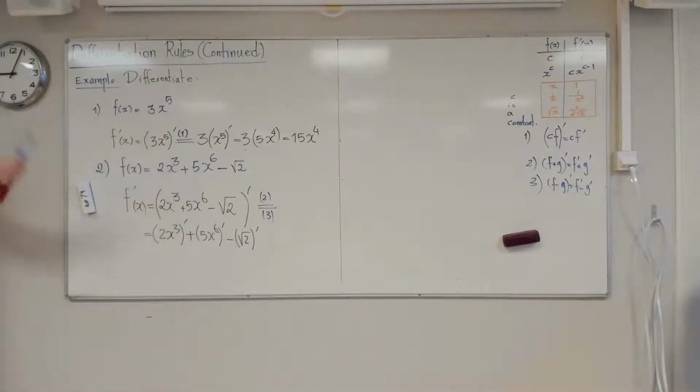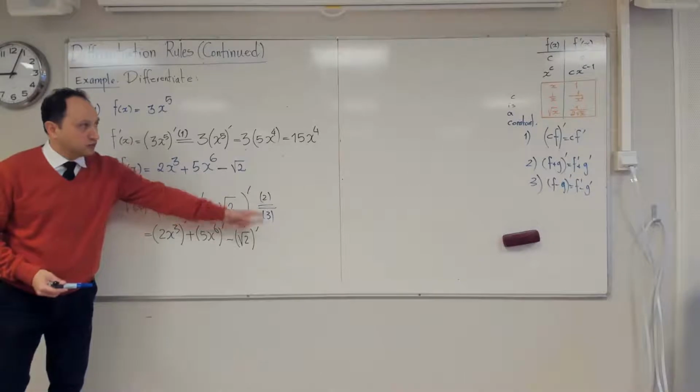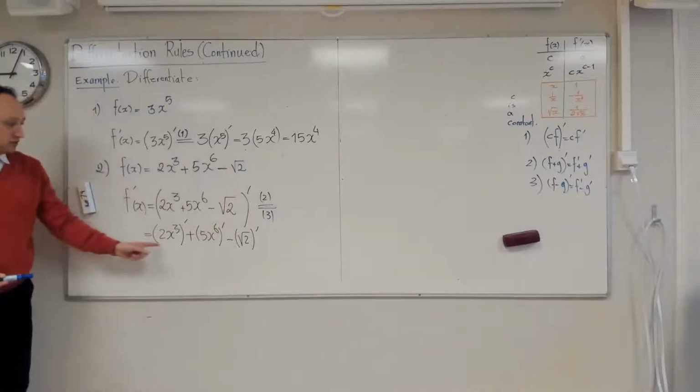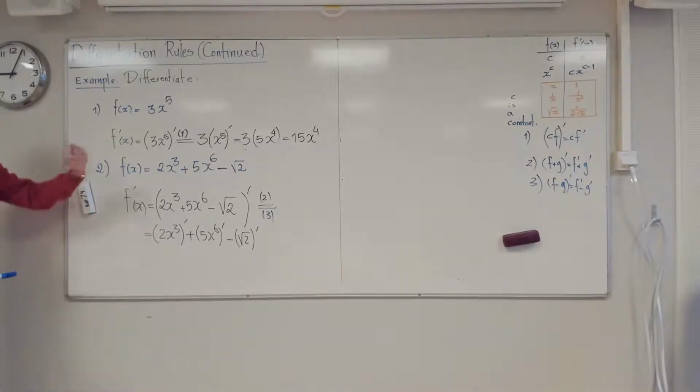This is the first thing that you need to know. I have to use rule number 2 and rule number 3 to be able to write that. Any questions so far? Okay, now which rule should be applied from now on? Which rule?